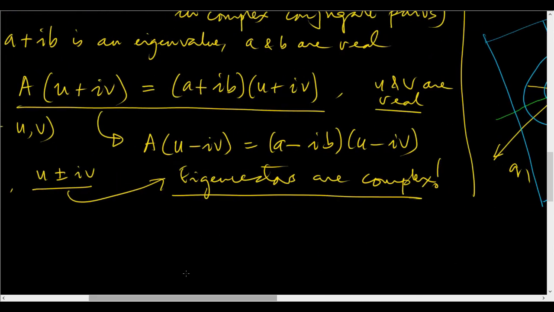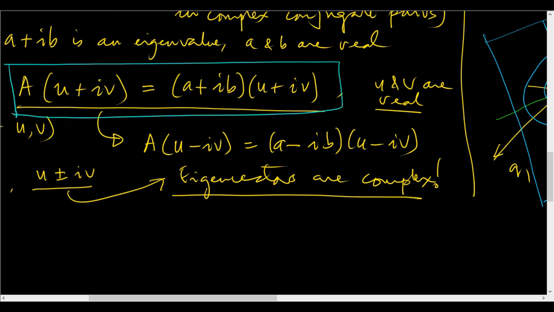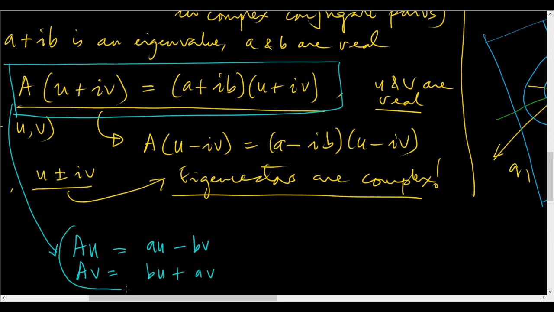You look at this equation and you separate it into real and imaginary parts. You get Au is equal to a u minus b v, and you get Av is equal to b u plus a v. And so you see, capital A times u is some linear combination of u and v, and capital A times v is some linear combination of u and v.